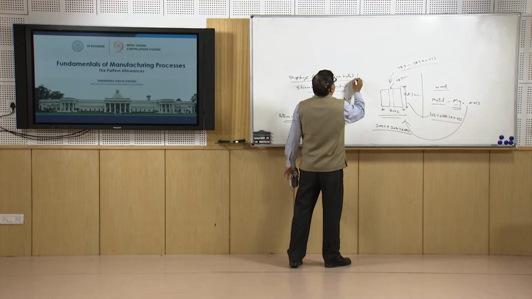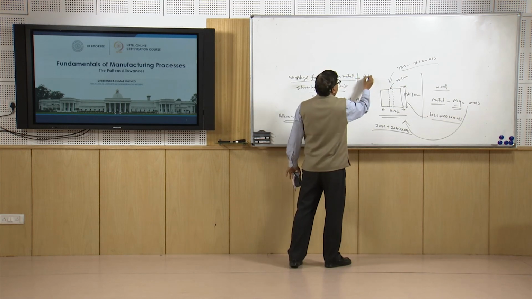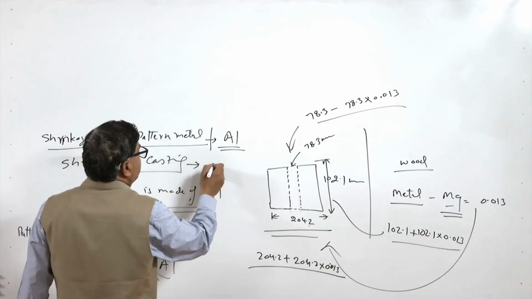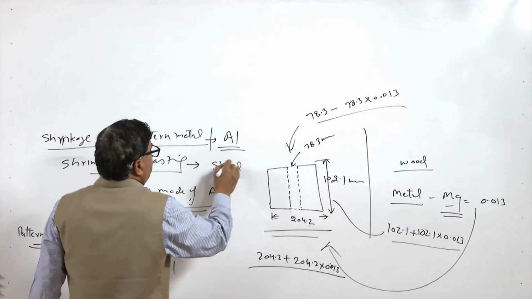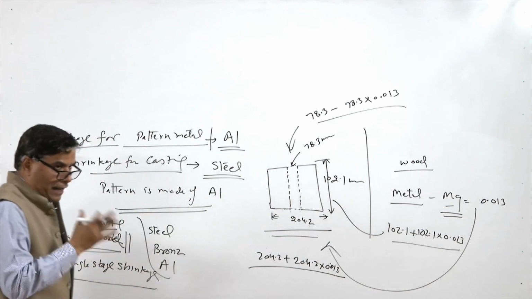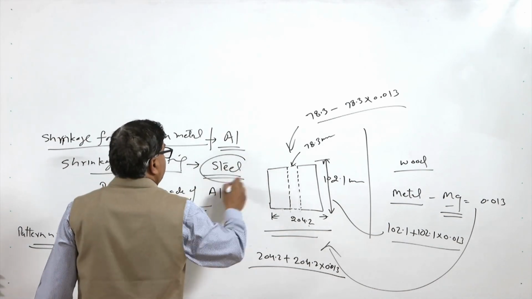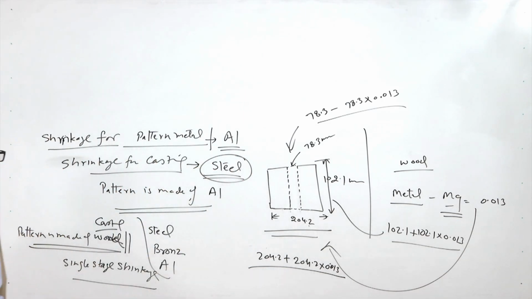If the pattern is to be made of the aluminum, then first allowances will be considered for the aluminum, and if the casting is of a different metal, like say it is steel, then the allowances to the aluminum pattern will be given based on the metal of the casting which is to be made. So, this is what is there, double shrinkage allowance.